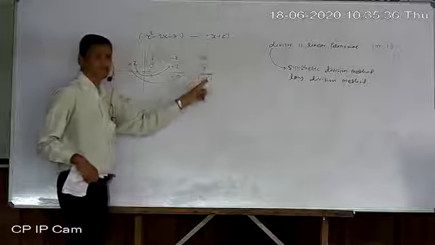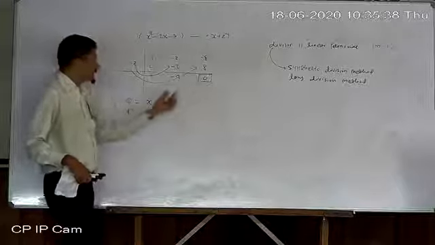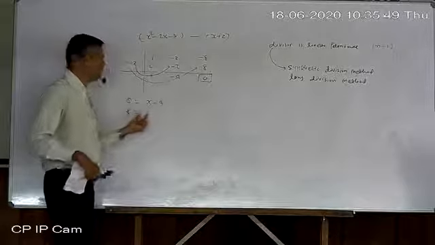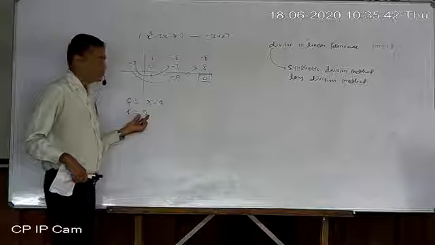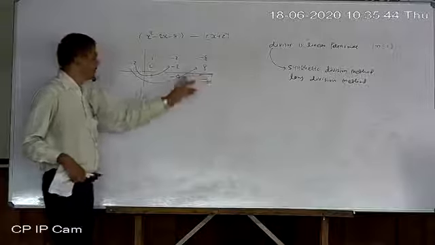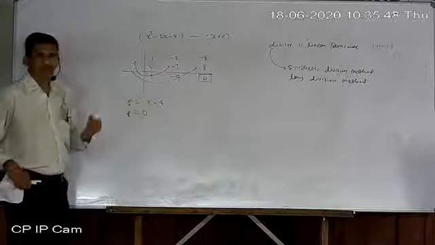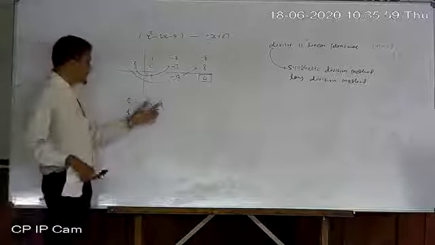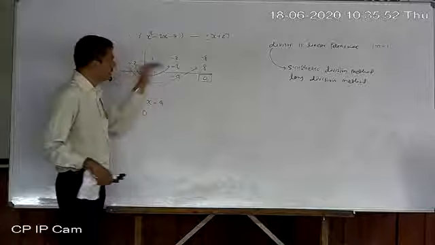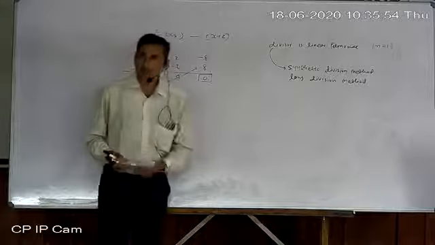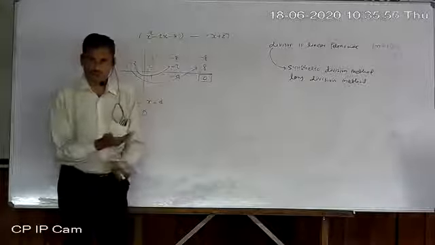Now make the total, it becomes 0, means over. The last digit is the remainder, not always 0, and the previous digits give us the coefficients of the quotient polynomial. So write accordingly. I think we will practice a few more sums in the next part.